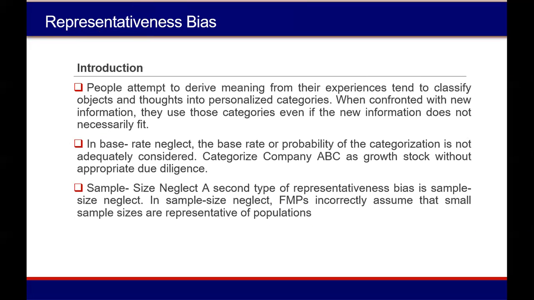Then the representativeness bias is also a kind of bias which is in the category of belief perseverance bias.